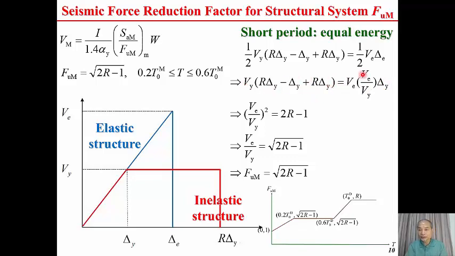Then we have VE divided by Vy squared equals 2R minus 1. Therefore, VE divided by Vy equals the square root of 2R minus 1. FUM equals the square root of 2R minus 1.